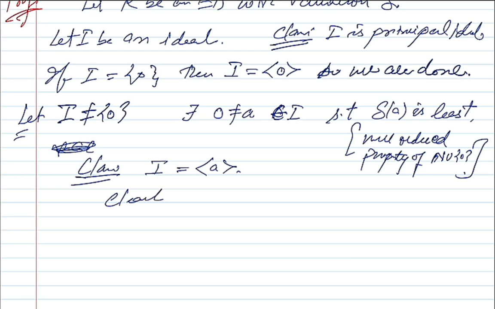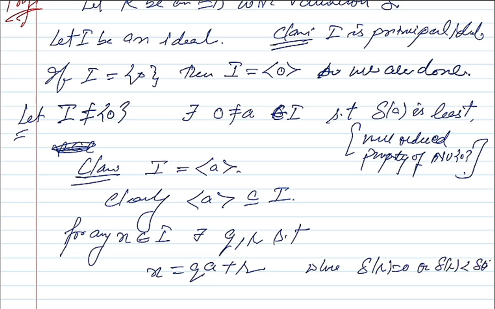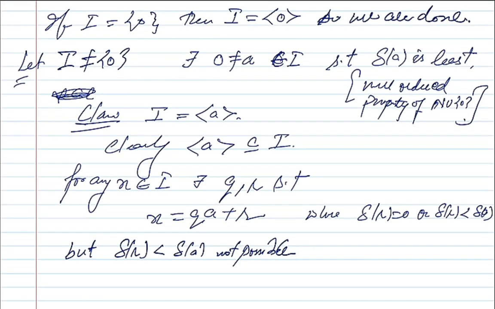Now clearly the ideal generated by A is contained in I because A belongs to I. Now for any x belonging to I, there exist some Q and R such that x can be written as AQ plus R, where delta of R is 0 or delta of R is less than delta of A. But delta of R less than delta of A is not possible because A is such an element for which delta is the least in I. Therefore R must be 0.